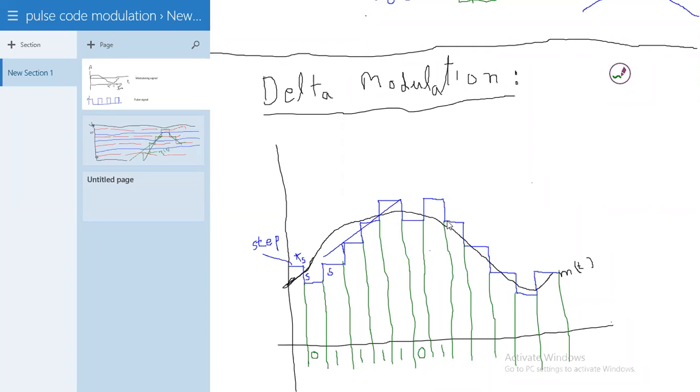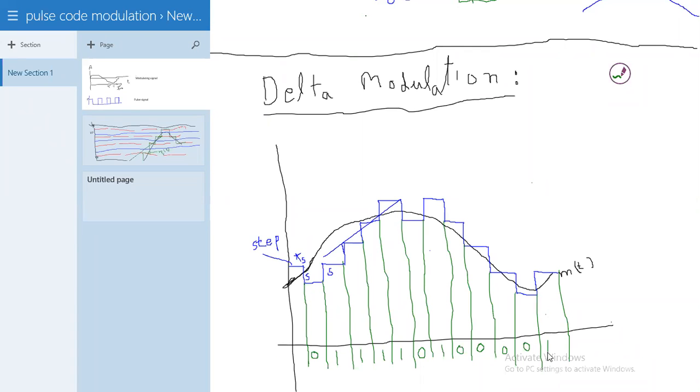Again decreased, that is 0. Again decreased, 0. Again decreased, 0. And here also decreased, 0. And here the step size is increased by 1 step, so we indicate 1.